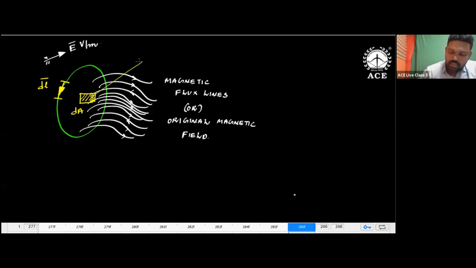So here is the normal direction. The flux crossing through this very small piece of area is given by the flux density B, units Weber per meter square. Clear? Yes. Now observe carefully.